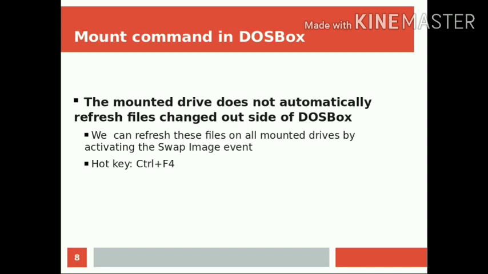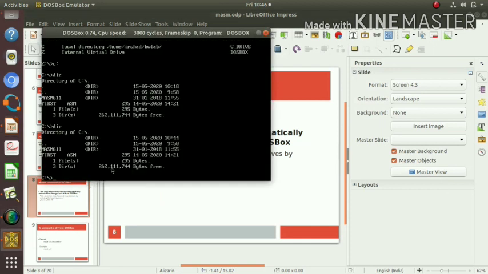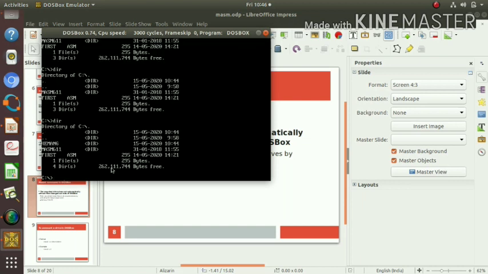We can refresh these files on all mounted drives by activating the swap image event by pressing Control F4. So we are pressing Control F4, and now if we give the command dir, then that folder is also displayed here.